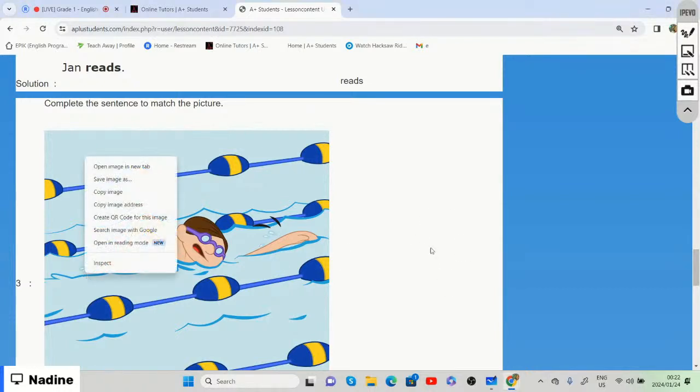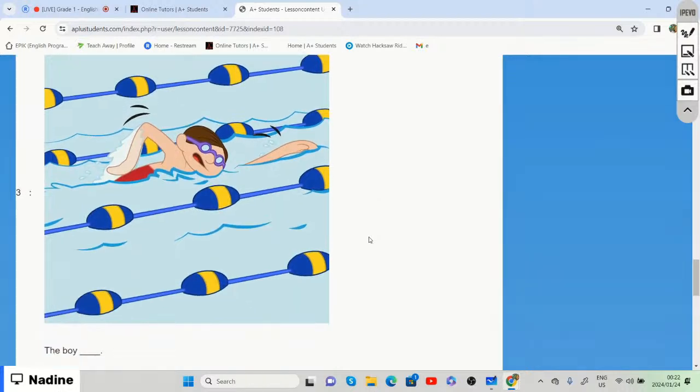And if we look at this specific picture, this is at the pool. So what is this boy doing in the pool?